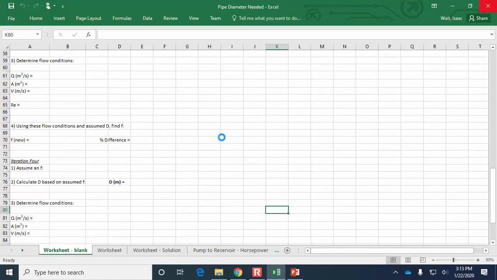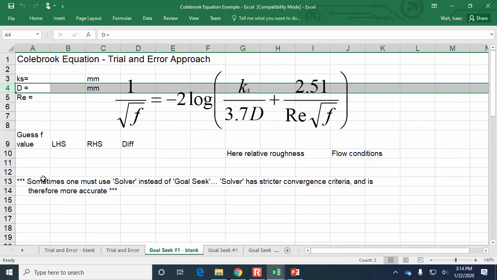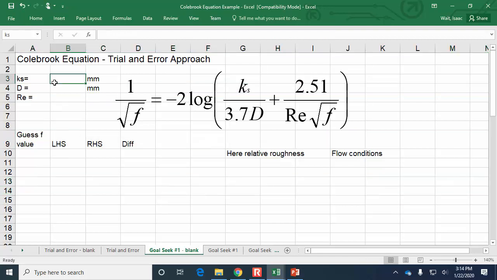Now this isn't the spreadsheet that I mentioned earlier as being available online. This is a different one, but all it has is, let's put in our k sub s. All right, the k sub s for this was 0.15, thank you. 0.15, the diameter 136, so the Reynolds number was, we already calculated that, but we'll just double check here.